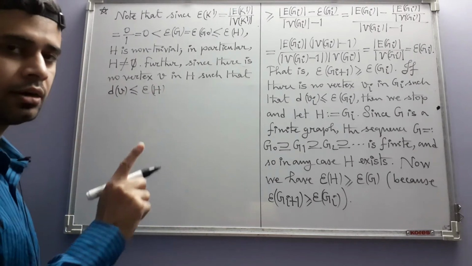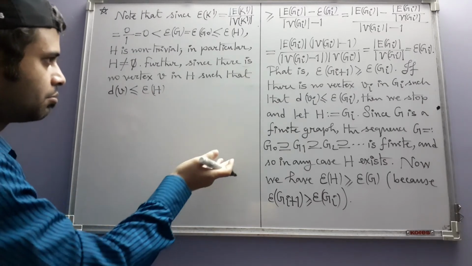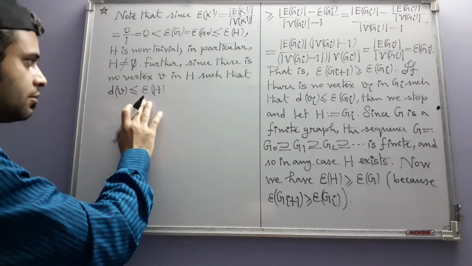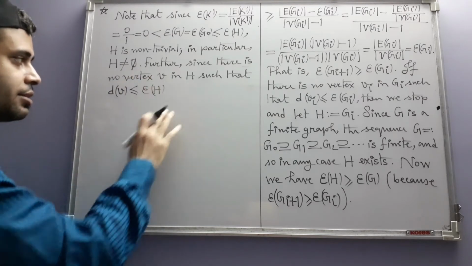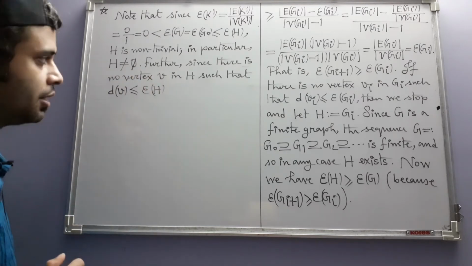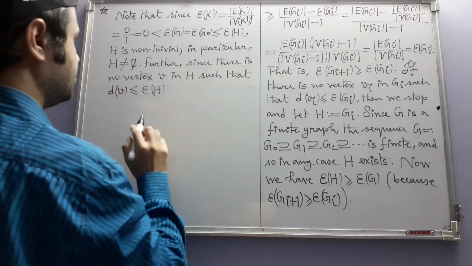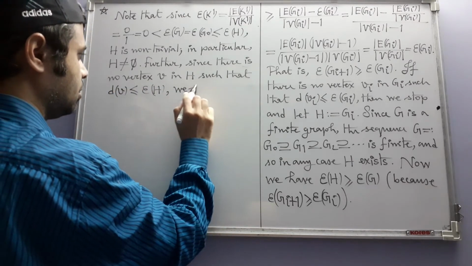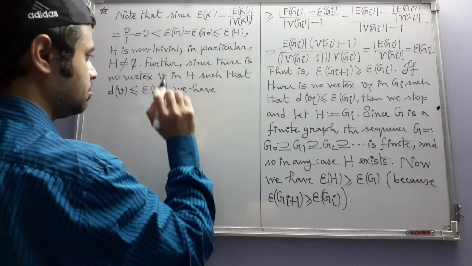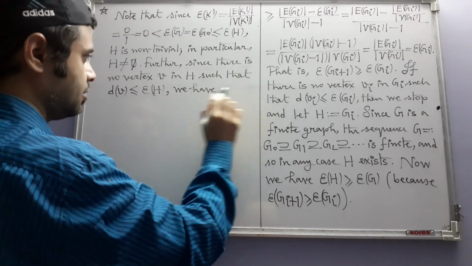In particular, the smallest degree of H also then has to be strictly greater than epsilon of H. We have, in fact, let's just write a little more.